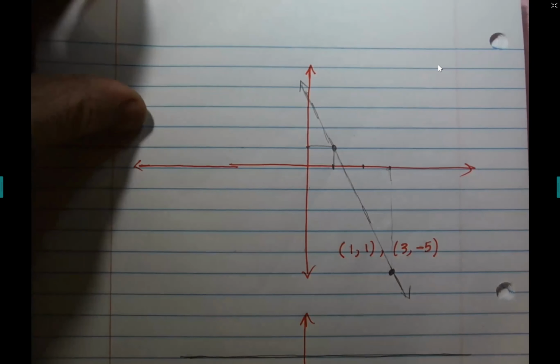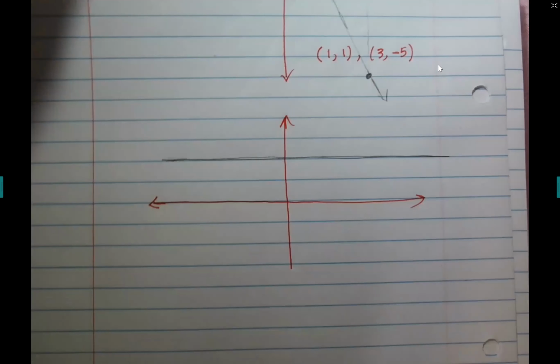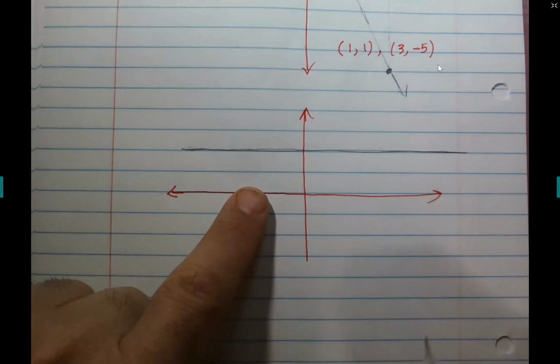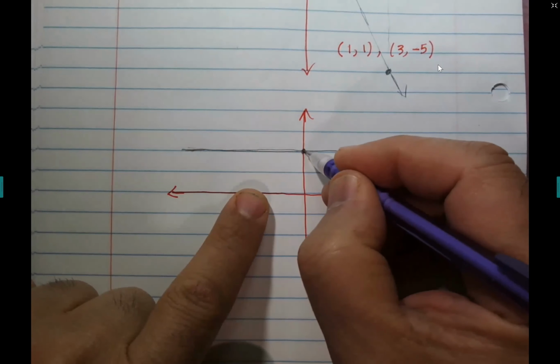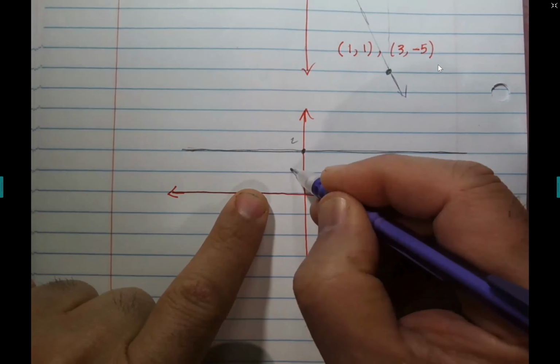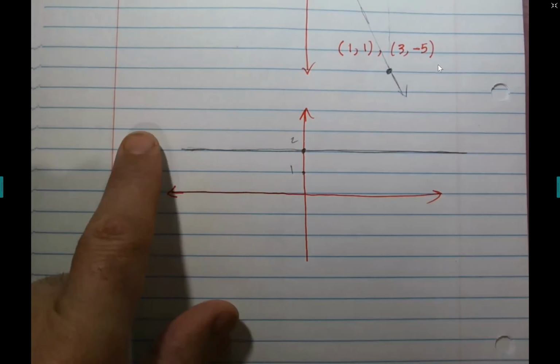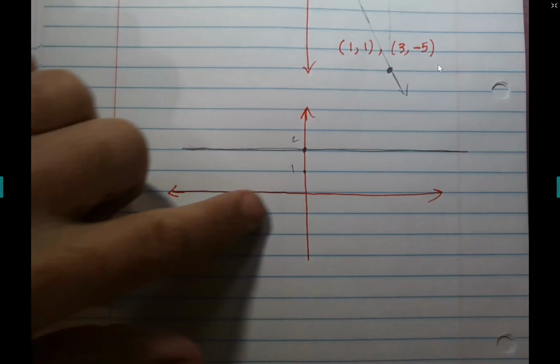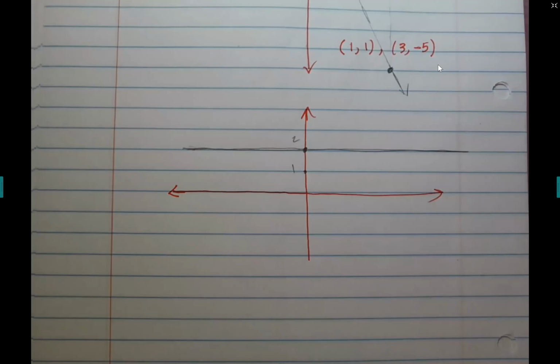Okay, let me show it to you right here. That's the line. This is 2 here, and that's so on. What's happening here, guys? As x increases, what happens to y? Any observation?